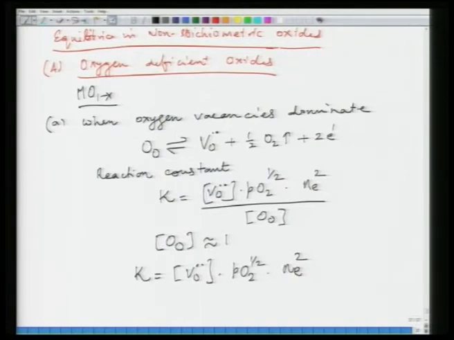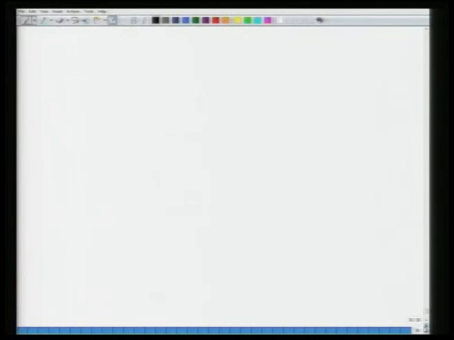Now from this expression you can see that for each oxygen vacancy created, you have 2 electrons. So eventually the concentration of electrons is 2 times the concentration of vacancies. So I can write this expression Ne to be equal to 2 VO. Okay. So this is to maintain the electrical neutrality.